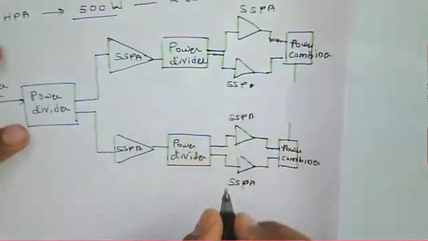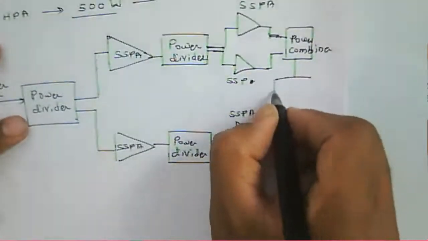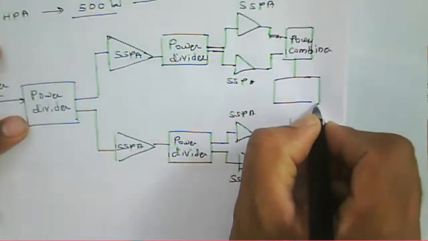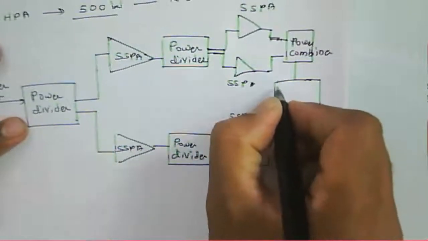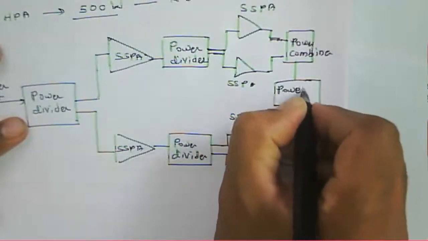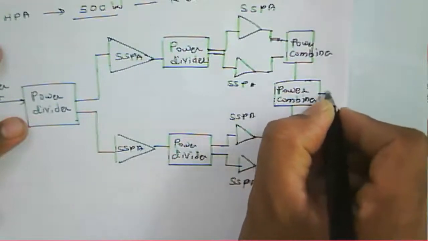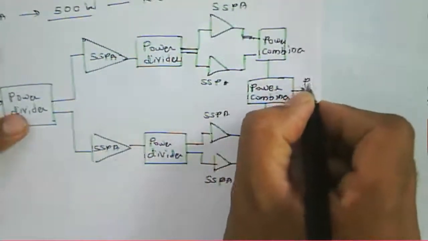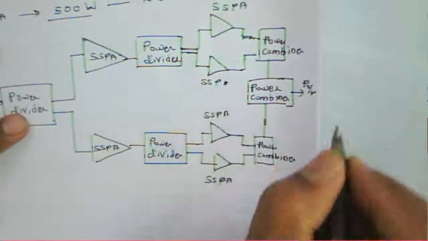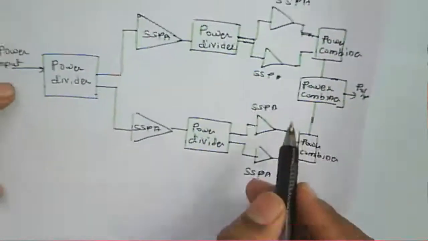Then the output of this power combiner is again given to a power combiner, and then we get a power output here. So we get a large power output.